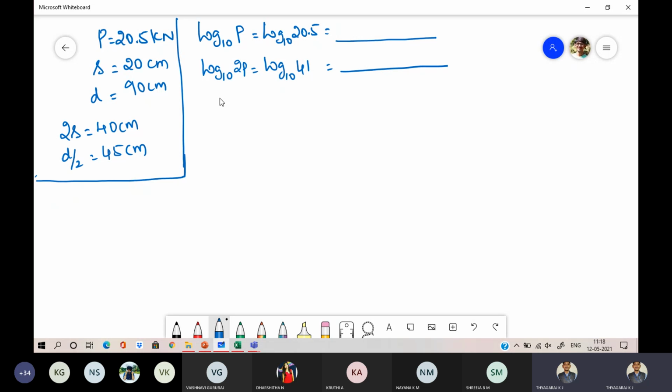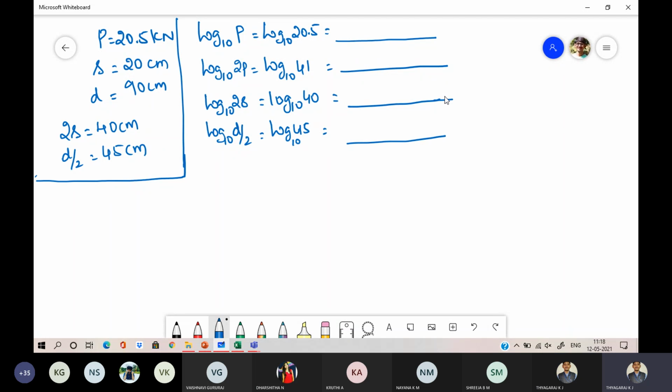Log 10 of 2S, that is log 10 of 40 centimeter. Log 10 of D by 2, so log 10 of 45. Calculate the values. How much are you going to get?